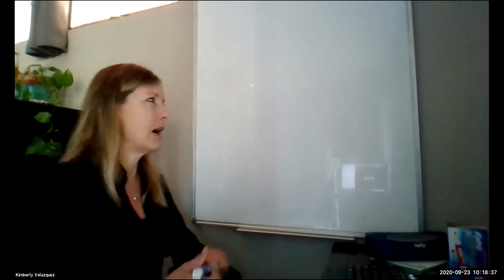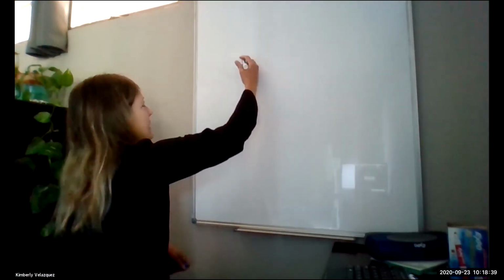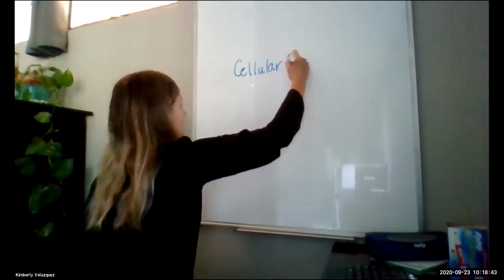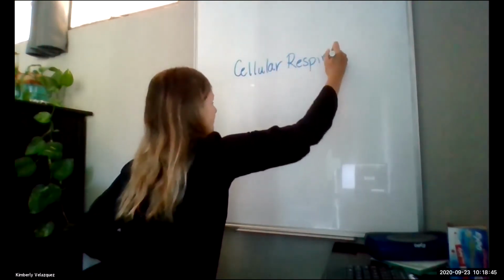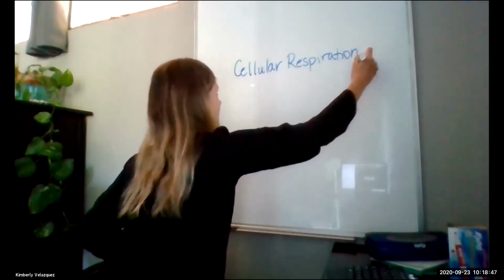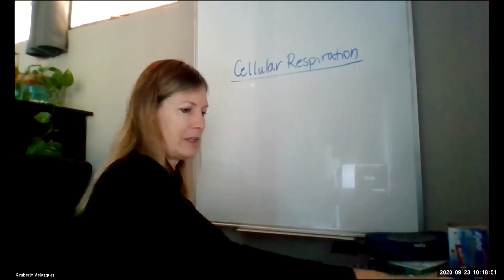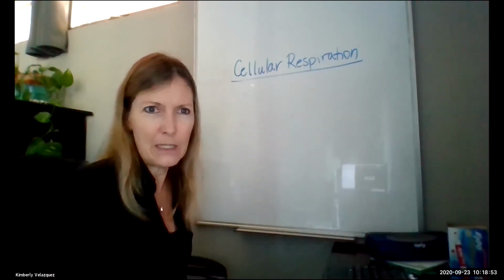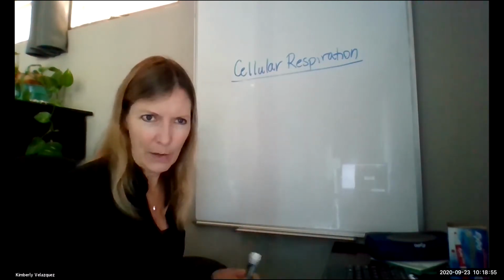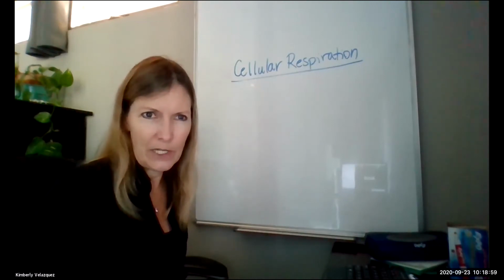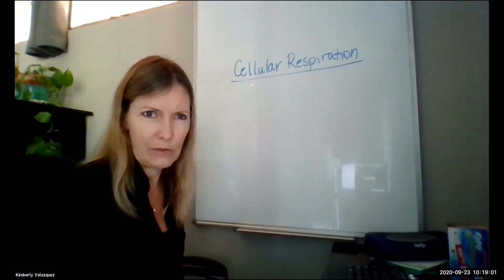We will talk a lot about cellular respiration this semester. Every single chemical reaction in your body that requires energy, which is almost all of them, must have ATP to power that reaction. We make ATP from carbohydrates through cellular respiration.